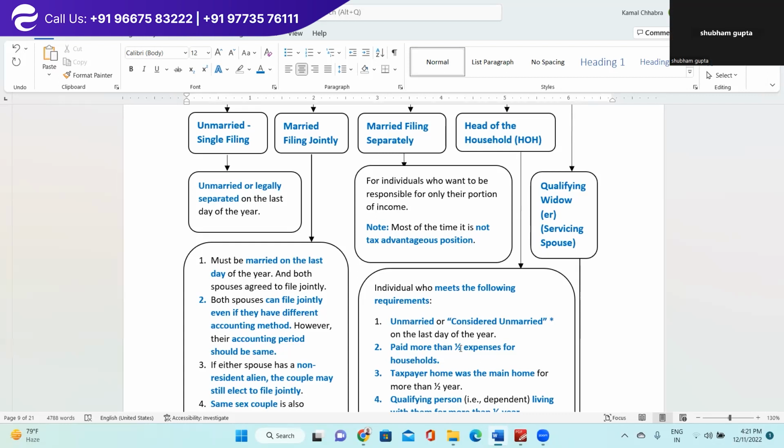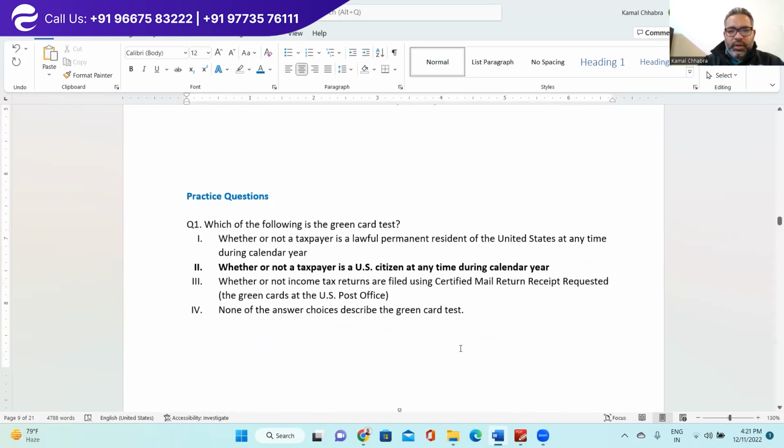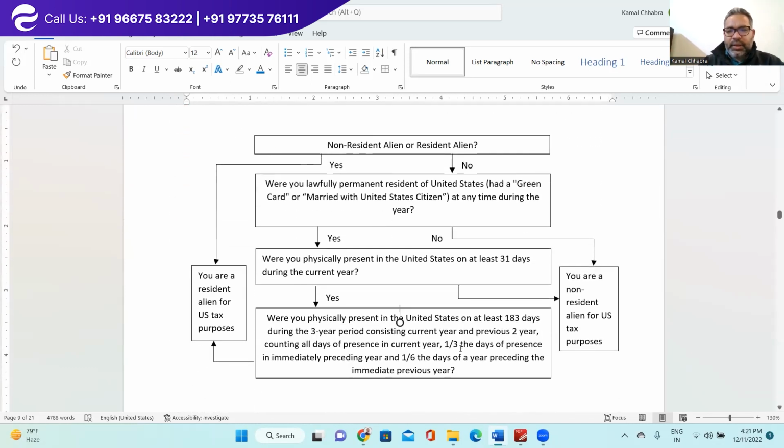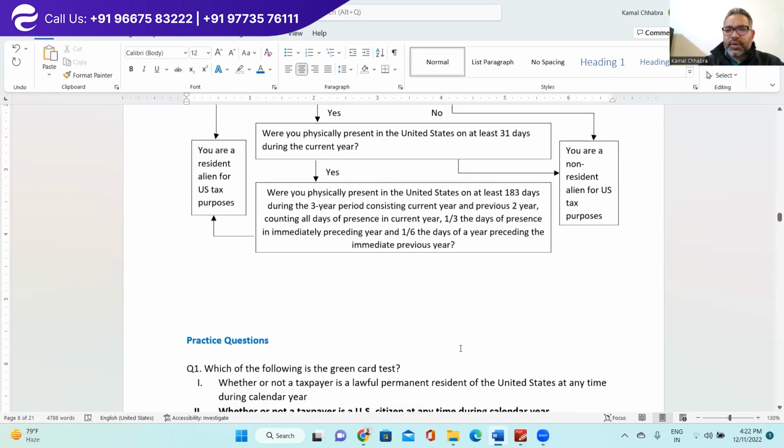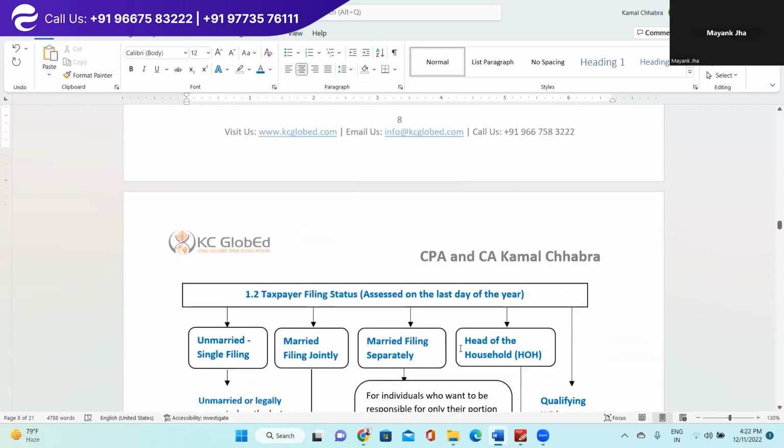Yes, Shubham. Sorry to interrupt, sir, but could you please send these files? Yes, I'll send you today. I'll send it on the group. Yesterday I had not updated this diagram, so I had not sent it. But this morning I did the update, so I'll send you this file. Sure, thank you, sir.